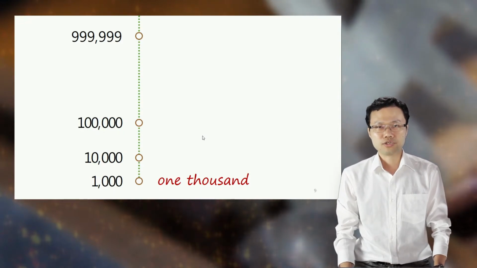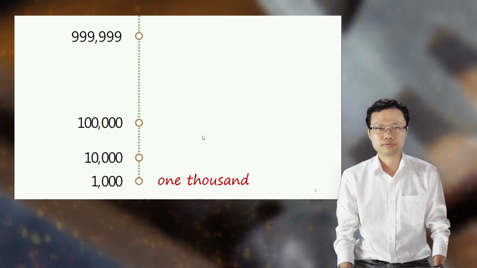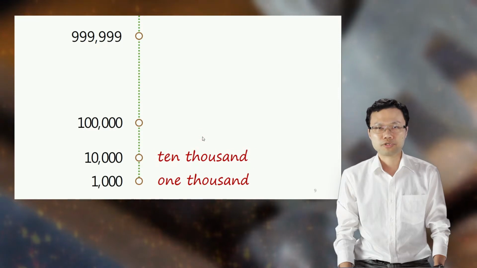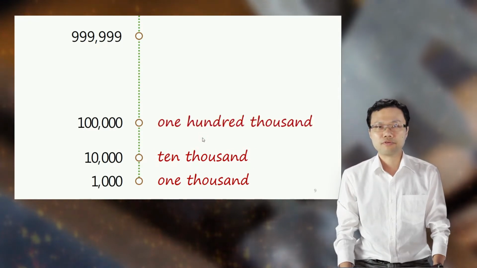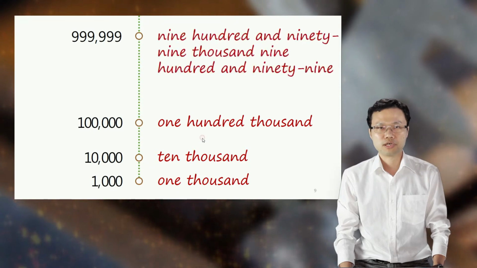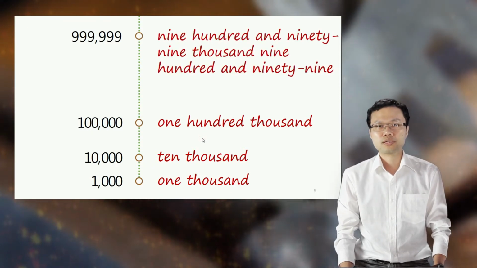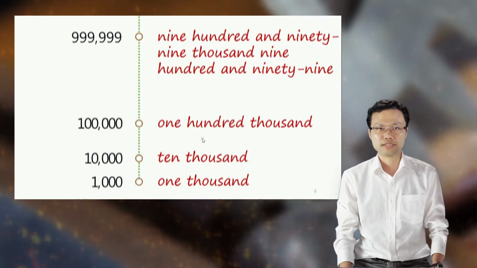This slide shows that numbers of 4 to 6 digits are counted by thousand. 4-digit numbers start from 1,000, then 5-digit numbers from 10,000, and 6-digit numbers from 100,000 to 999,999.